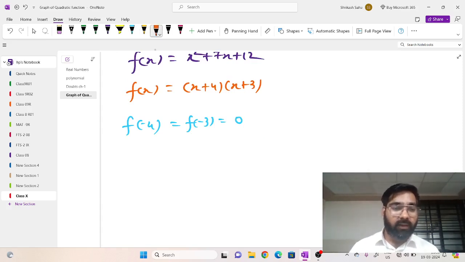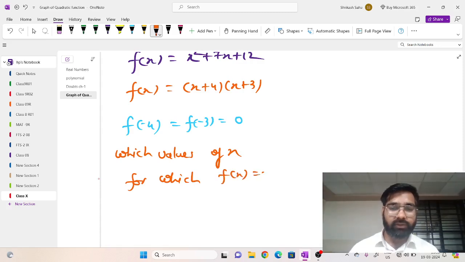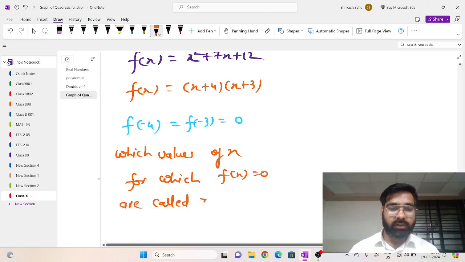So the values of x for which f(x) is equal to 0 are called zeros of the function.